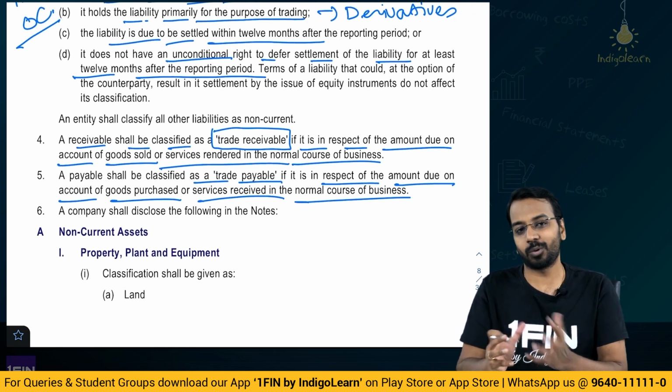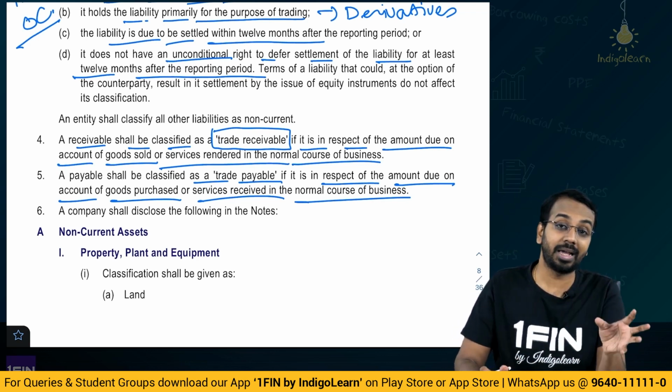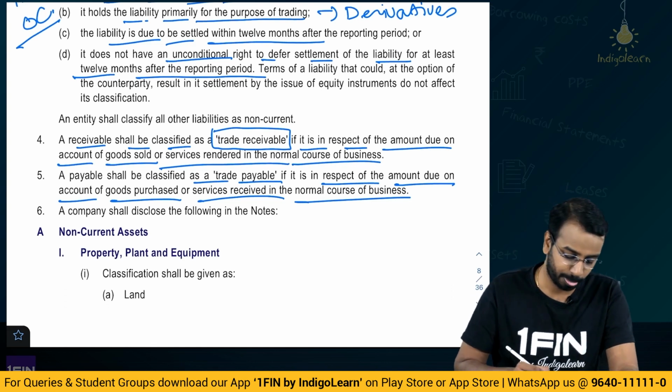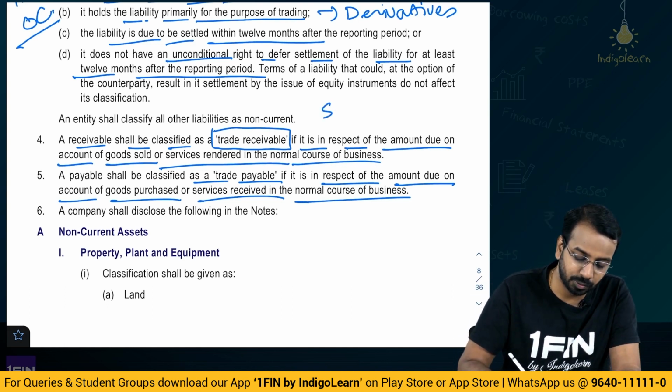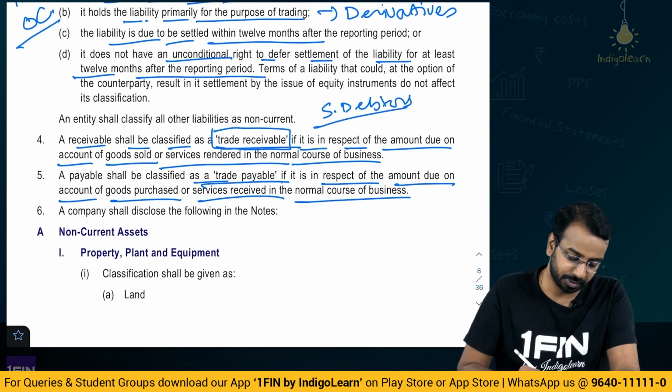So in the normal course of business, if I am selling, it's a trade receivable from the customer, and the supplier will be classified as a trade payable. We have been using the terms sundry debtors and sundry creditors earlier. Now you will use the terms trade receivable and trade payable.